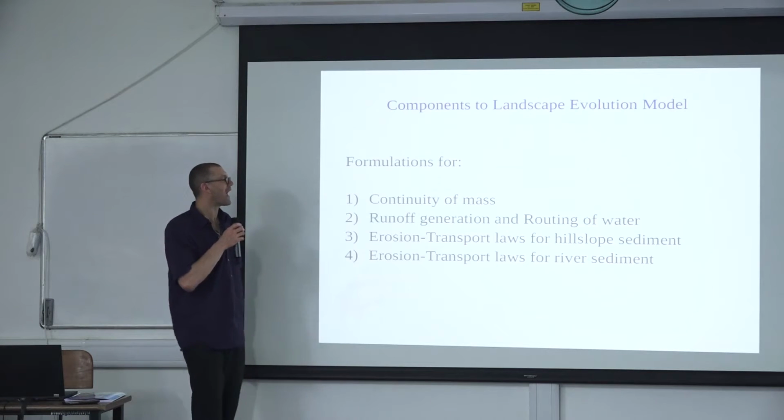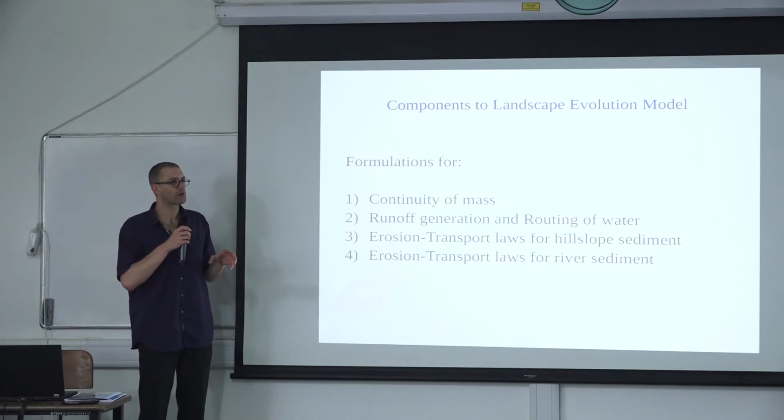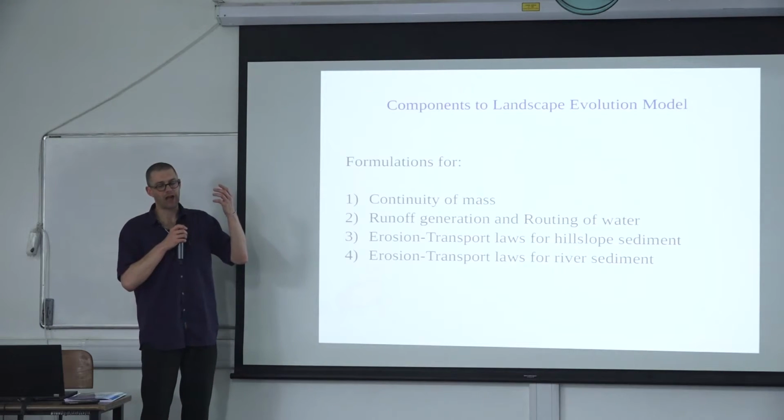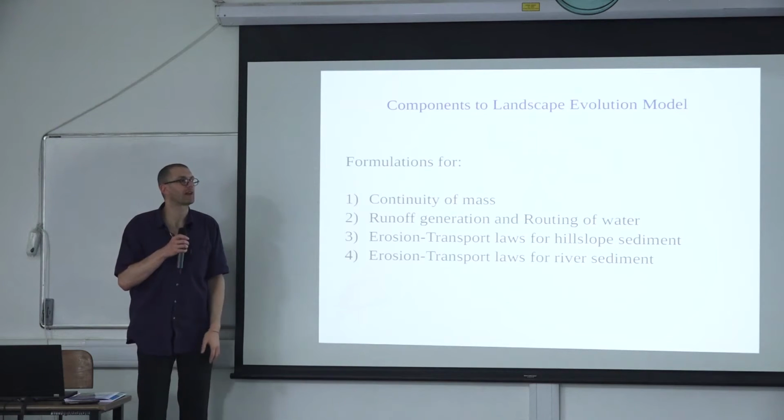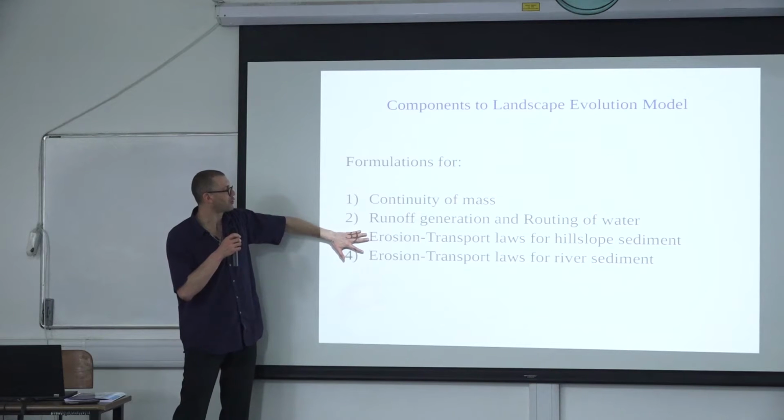By the way, I'm not going into details of the tectonics models today. We mostly focus on Earth surface process models, so mostly stream power, incision, and diffusion models. I'm not going to talk much about large-scale tectonic models that are driven by subduction cycles, for example. We don't go there.